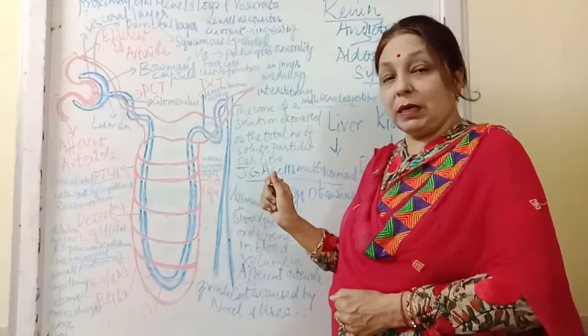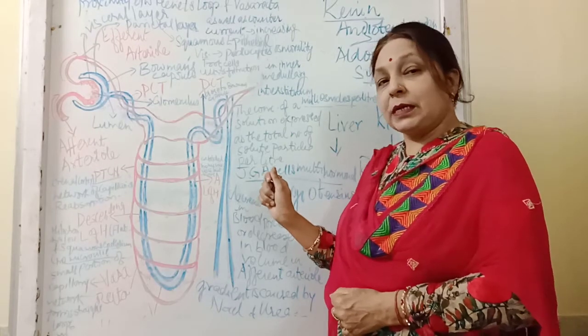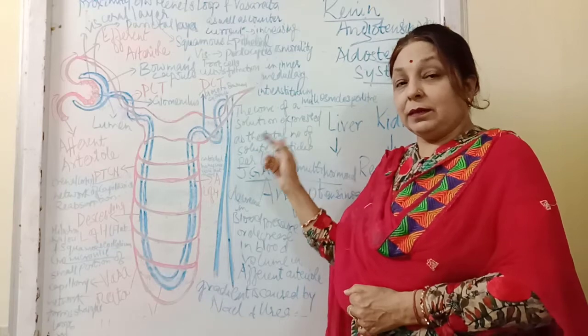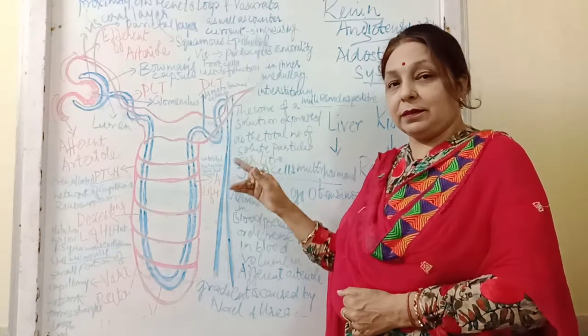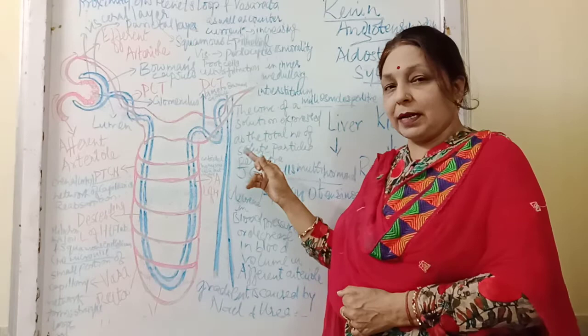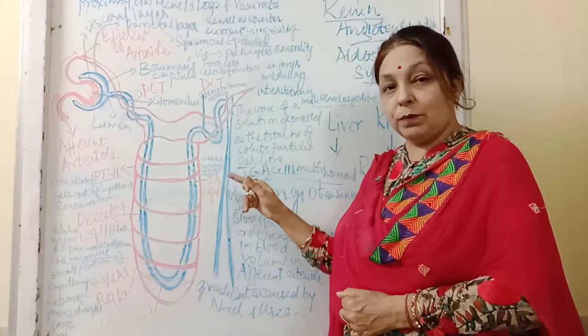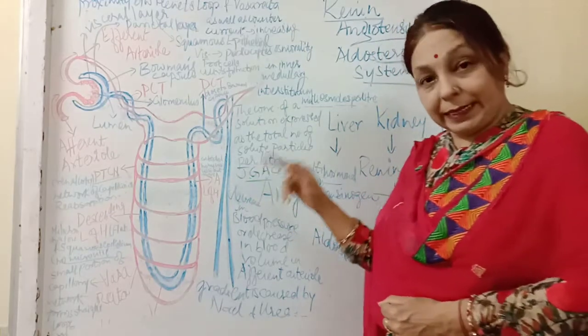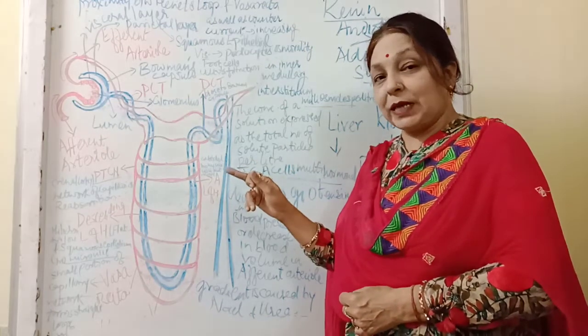There are various hormones which help in maintaining the osmolarity and GFR rate, that means the maintenance of blood volume as well as the body fluids, which is all maintained by ADH, from the hypothalamus.